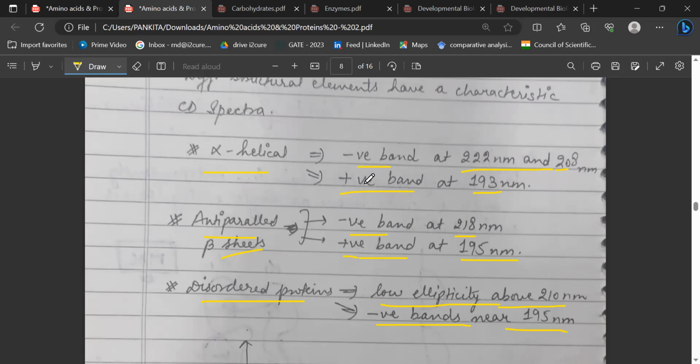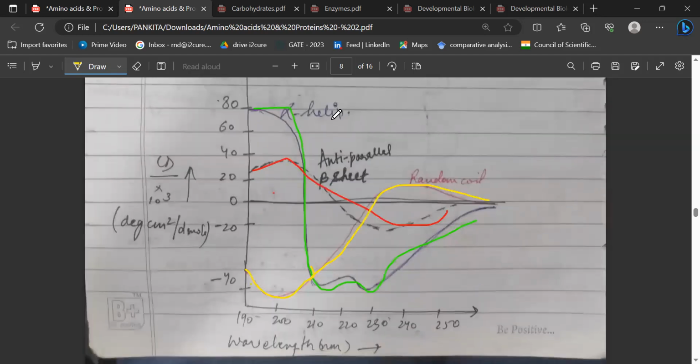So these are the wavelengths at which different secondary structures of protein produce the CD spectrum. And this is the spectra that is produced for different secondary structures.